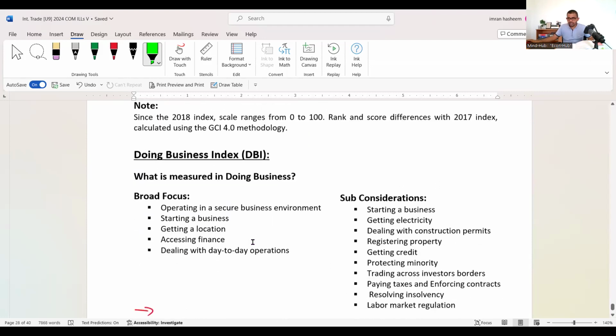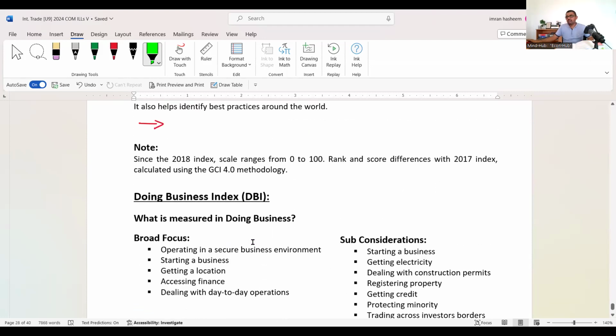Since 2008, they have followed a certain technical format of preparing this index, where the index scale ranges from 0 to 100, calculated using the Global Competitiveness Index 4.0 methodology.